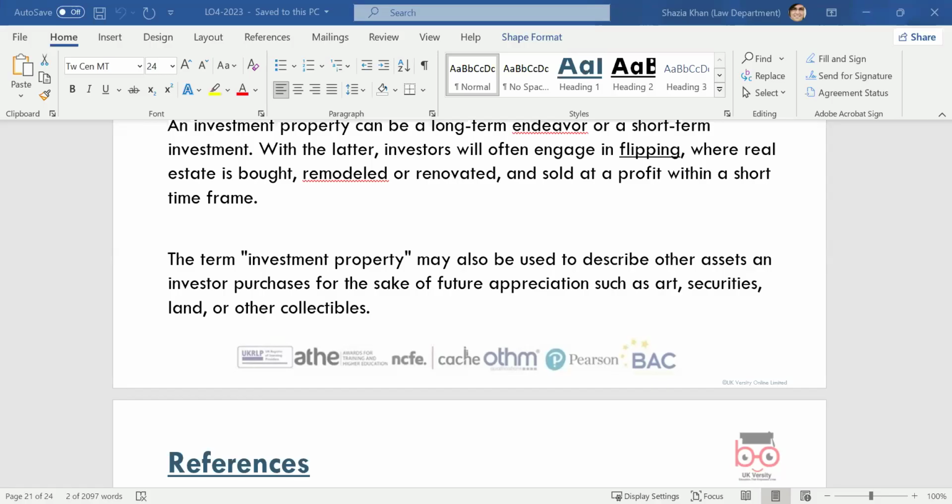We looked at residential properties such as buy-to-lets and HMOs, and commercial properties such as industrial property, where you can invest in land or mixed use property, where a dwelling has both residential and commercial uses.